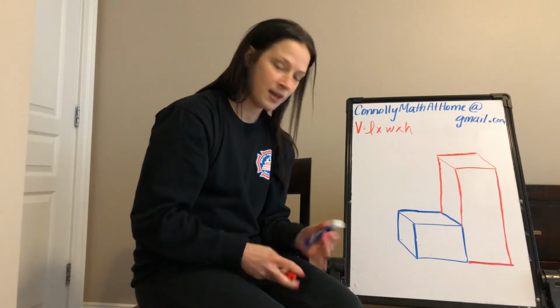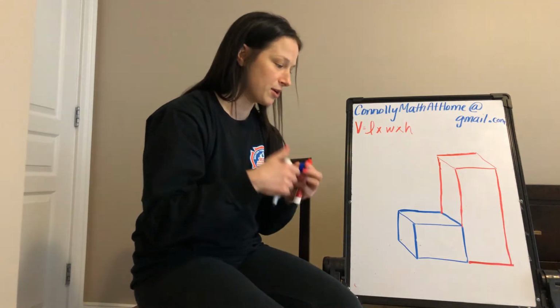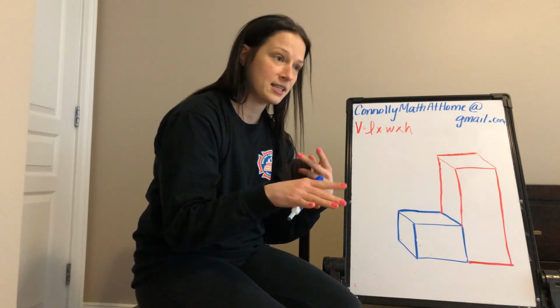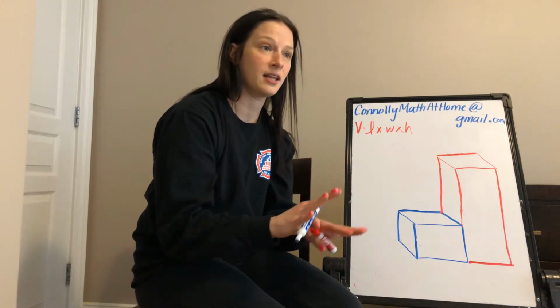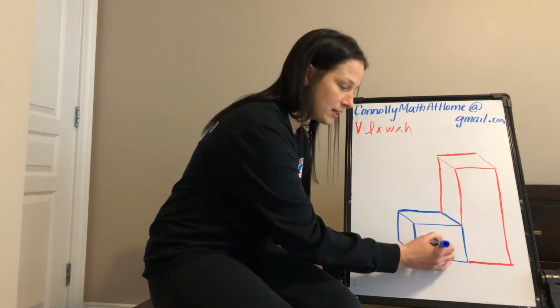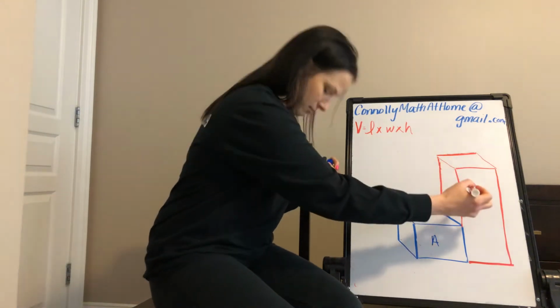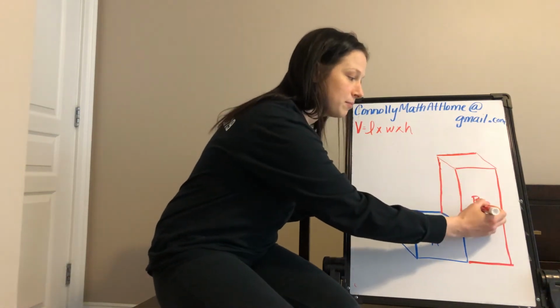In my classroom, I like to identify my two different prisms and label them prism A and prism B. I like to keep track of my work. I want to know what is what. So I'll label this blue one A, and the red one B.